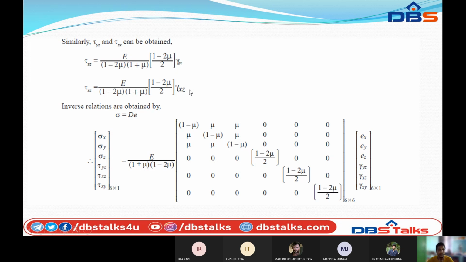Normal strain is denoted by capital E. Shear stress is denoted by tau and shear strain by gamma.